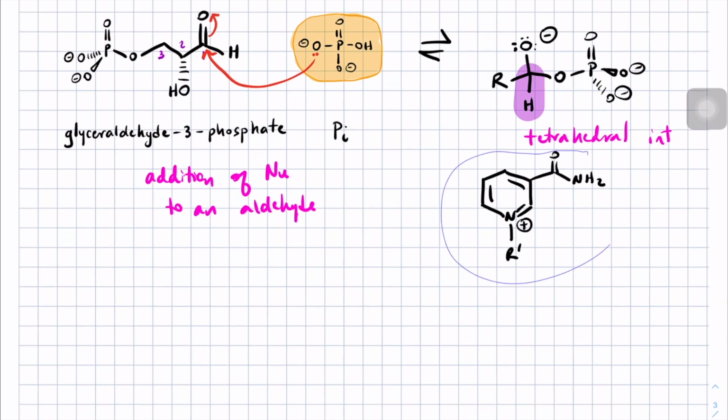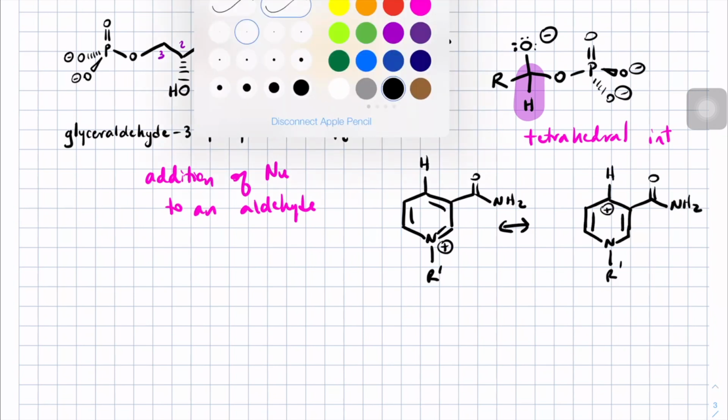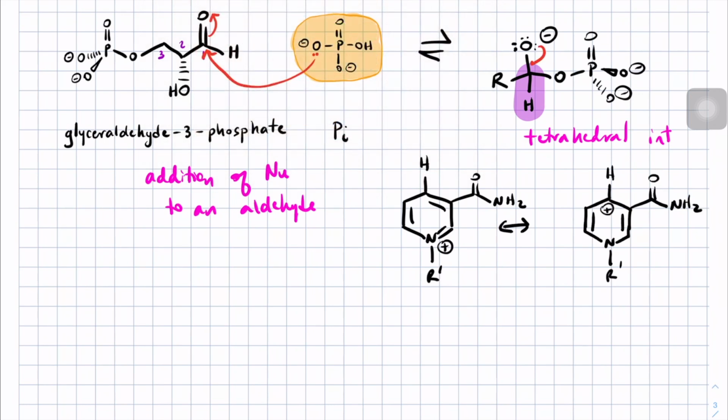And recall that we can draw a resonance structure for this nicotinamide ring of NAD+, in which the nitrogen is neutral, but we have a positive charge on carbon 4. So carbon 4 is really the electrophilic spot in this molecule. We're going to have lone pair electrons kick down, and hydride will leave and be handed off directly to carbon 4 of NAD+. And that will generate the products we've shown below.